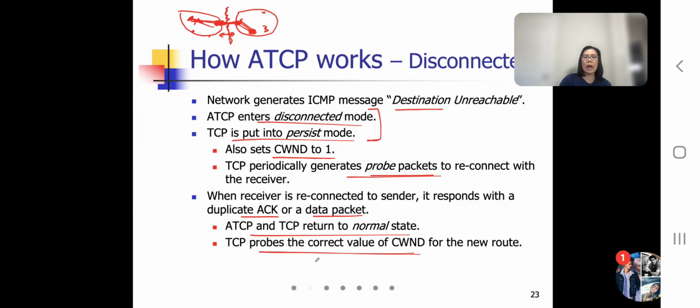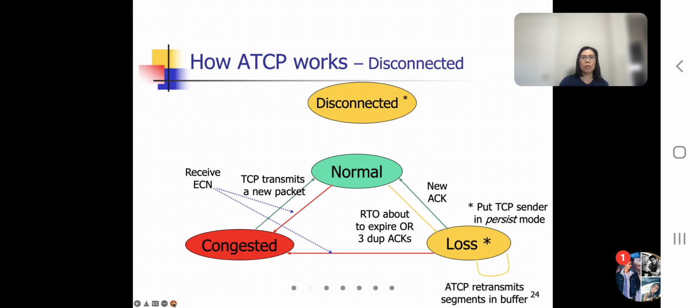Okay, and when they return to normal state, TCP will start the process of building the congestion window. Remember, we start from 1 and we increase to 2 and then 4, and then 8, remember that? TCP will start this process again in order to get the correct value for the congestion window.